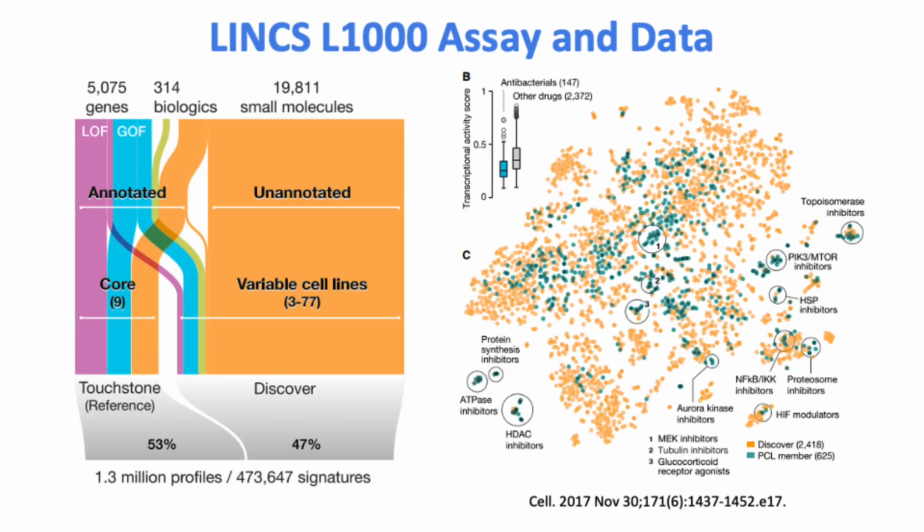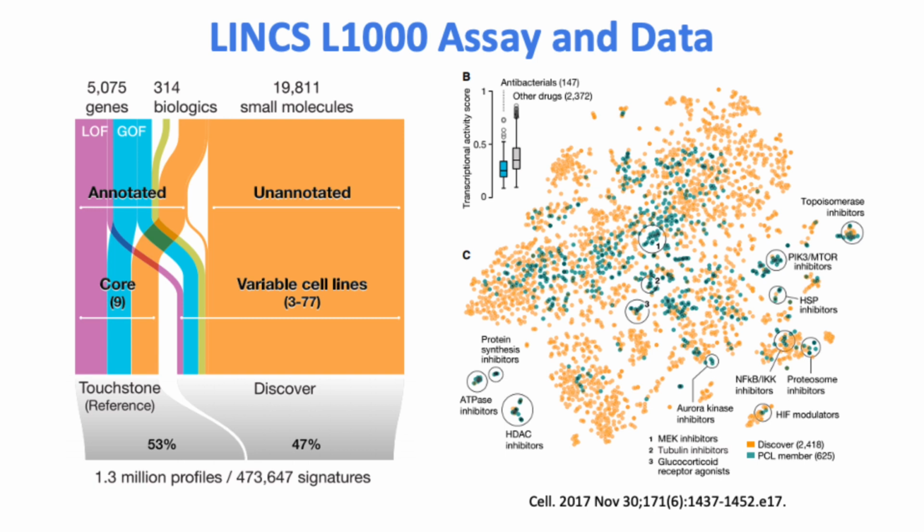So several years after the program started, the second phase of the program started, the Broad came out with another seminal paper that was published in Cell. And here they introduced the LINCS L1000 assay and data.